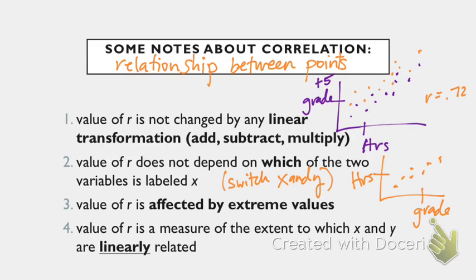The value of R, circle the word, is affected by extreme values. What I mean is somebody is an outlier and they did not study at all, but they got 100. This person is (0, 100) right here.